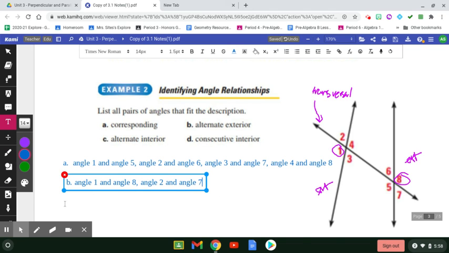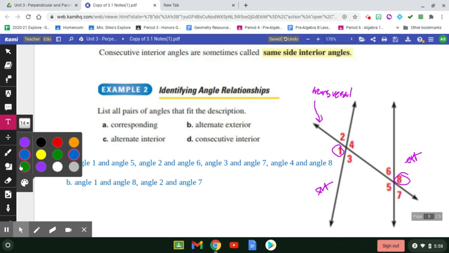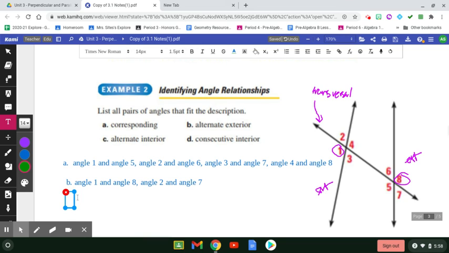Okay, now for part C. For part C, I want alternate interior. So I want to go in this middle portion here that I'm looking at, angles 3, 4, 5, and 6. I want to be on opposite sides.